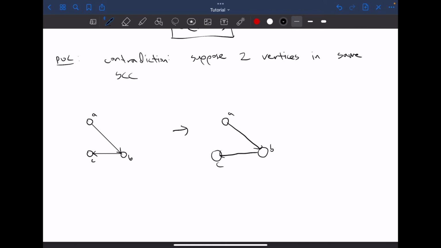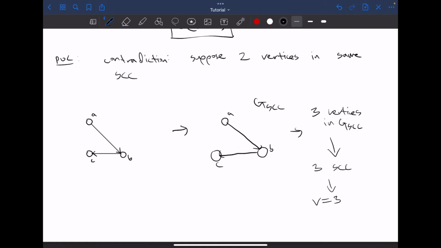Then we run DFS or BFS with the counter on this graph of strongly connected components, and we see there are 3 vertices. So thus, there are 3 strongly connected components. And since V is 3, we have V strongly connected components and the graph is poorly connected.